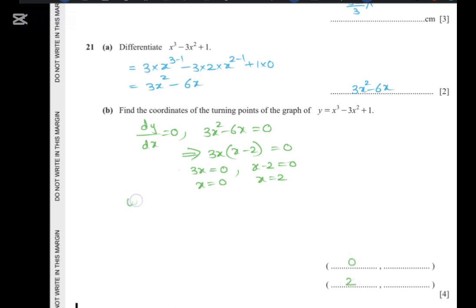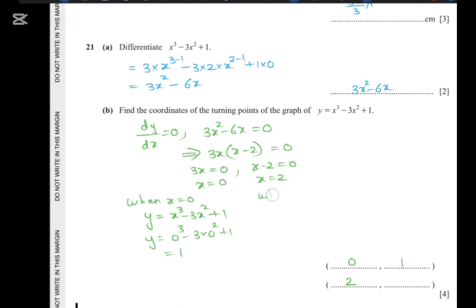Taking these into consideration now, find the value of y. So when x is equal to 0, find the y value. This is the equation given. Substitute in this equation, y is equal to 0 cube minus 3 into 0 square plus 1, that is 1. So when x is equal to 0, y is 1. Write down.